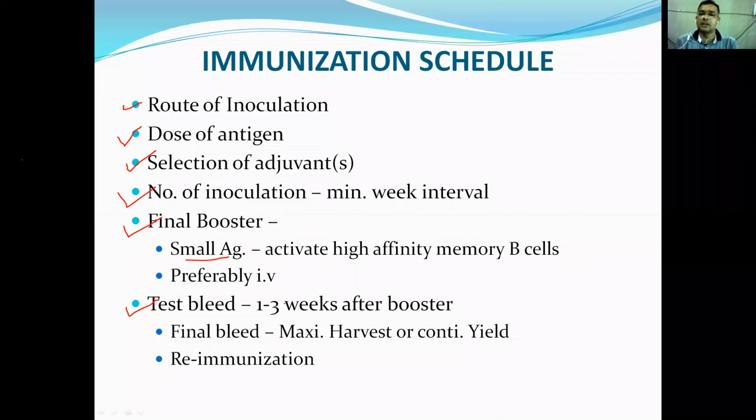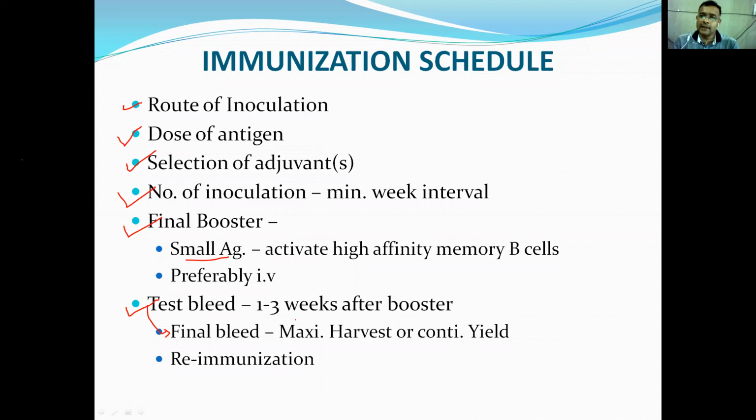If you get a sufficient amount of antibody in your test bleed, then you can go for the final bleed. Final bleed means you are harvesting the maximum amount of serum from that particular animal, so that this serum can be used against your target antigen, and you will get the ultimate biological product.